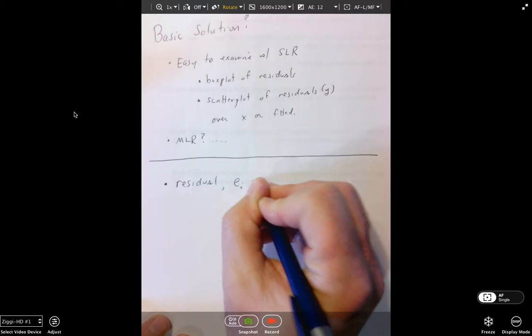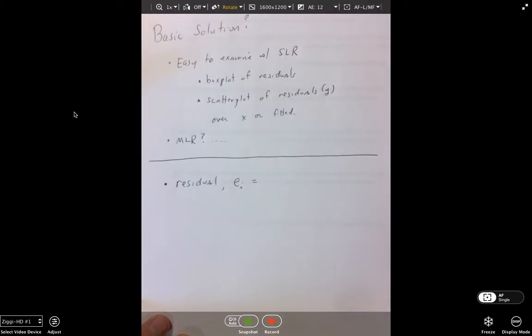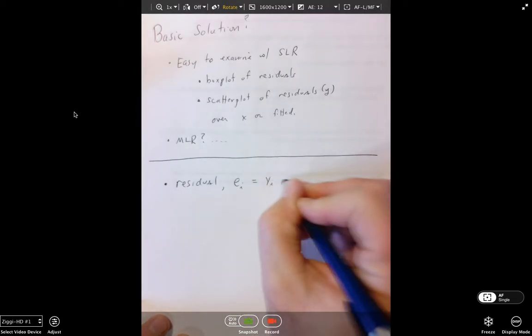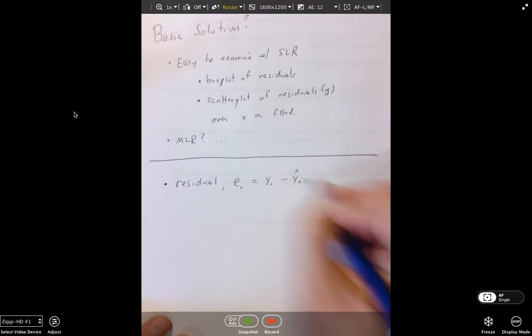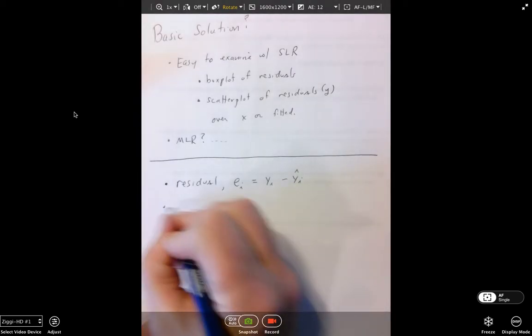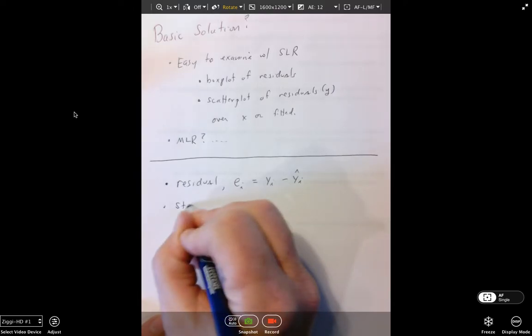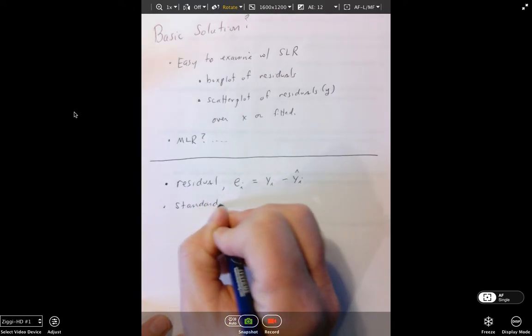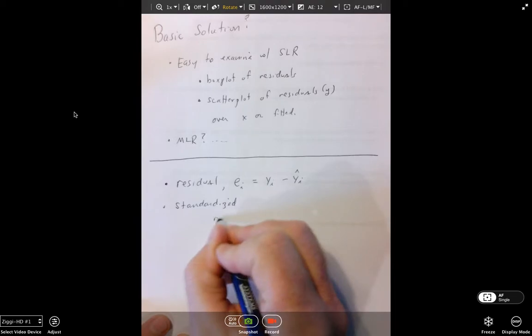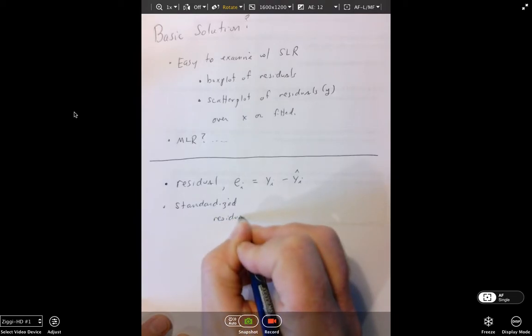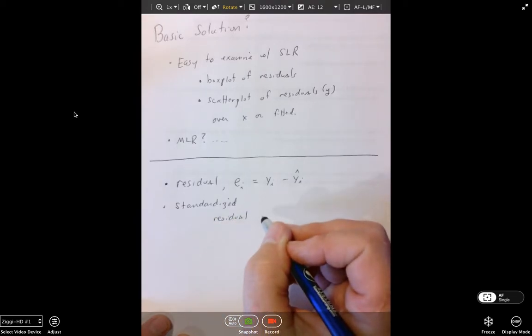when you get into big boy, big girl statistics, it's called your error. And it's just the observed y minus the predicted y. And the standardized residual, again, we usually call that the semi-standardized residual.